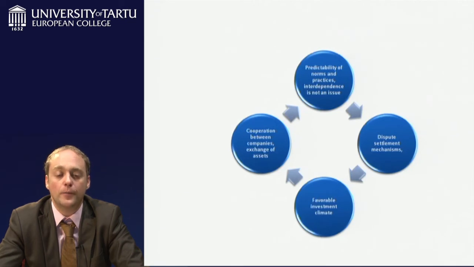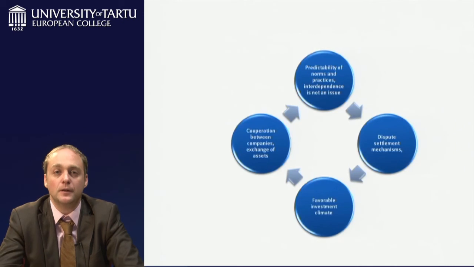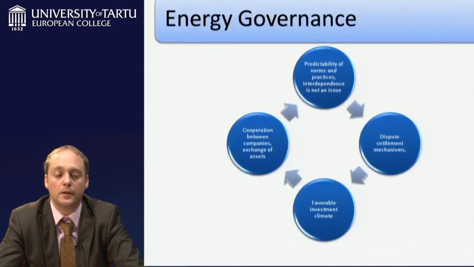And in order to have a predictability of norms and practices, one should create dispute settlement mechanisms. And dispute settlement mechanisms stimulate a favorable investment climate and also a cooperation between the companies, including cross-ownerships and exchange of assets. That becomes then a major ground for energy security. Energy governance would be the main prerequisite.